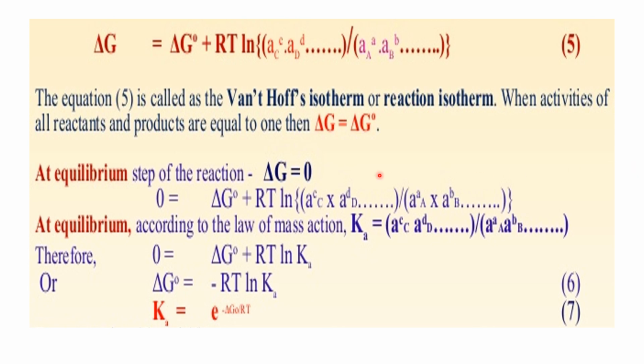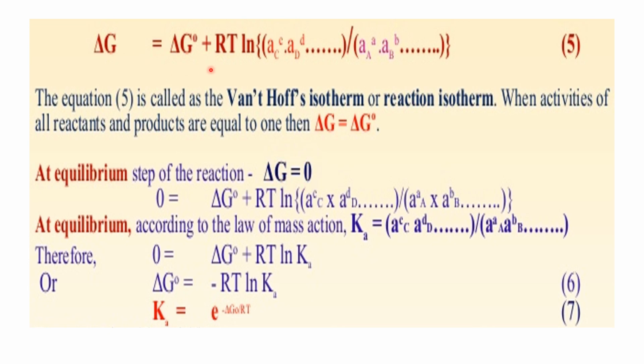Now see here, when any system is at equilibrium, we know the change in free energy is 0. In thermodynamics, we have seen that for any system at equilibrium, the condition is that the change in free energy is 0. Delta G is equal to 0.